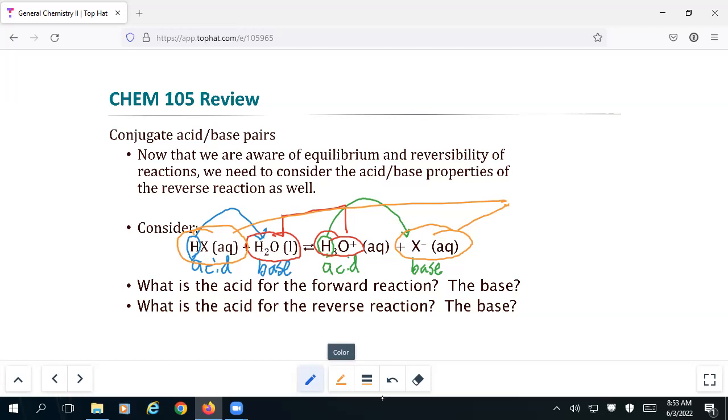And every reaction that is acid-base in nature will have two sets of these pairs, where on one side of the reaction, one of the conjugates is acting as an acid, and on the other side of the reaction, that conjugate is acting as a base. The conjugates never act only as acid or only as base. One will always be acidic, one will always be basic. But they will always be one proton apart from each other in this reversible reaction.